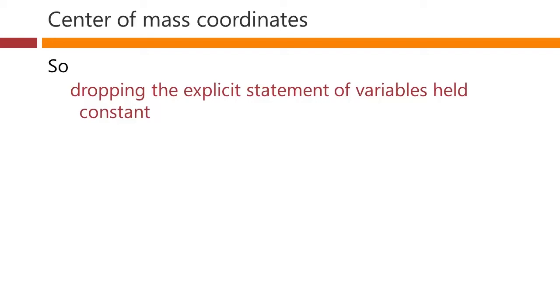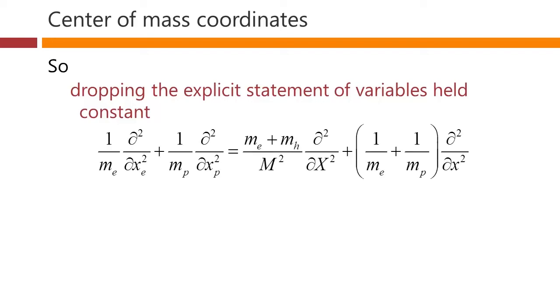We'll take that as being obvious from now on. Hence, what we have is if we take 1 over me times d2 by dxe squared plus 1 over mp times d2 by dxp squared, adding all these terms together from the previous view graph, we get this expression here.